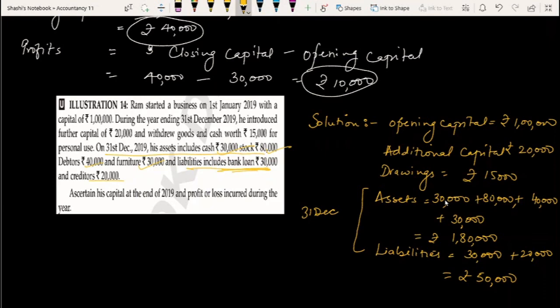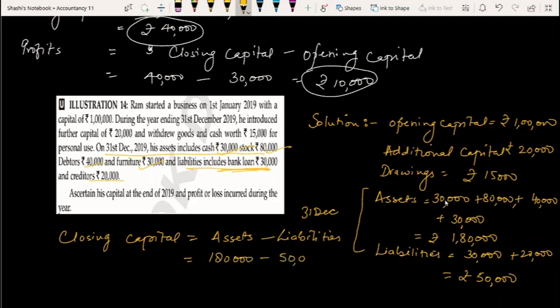Closing capital is equal to assets minus liabilities: 1,80,000 minus 50,000, and the difference is rupees 1,30,000. So 1,30,000 is the closing capital.